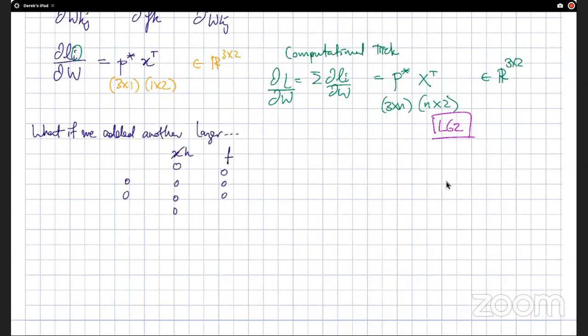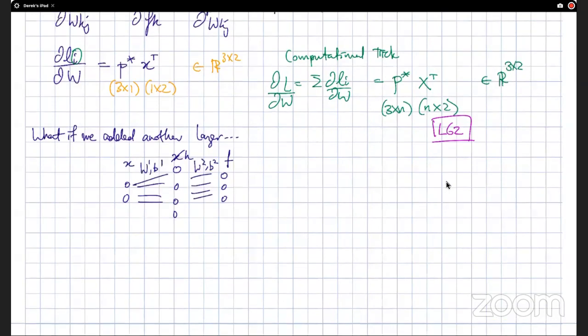So I've just added a new layer. Then here I'm going to write W1, B1, W2, B2, because now I have two weights.